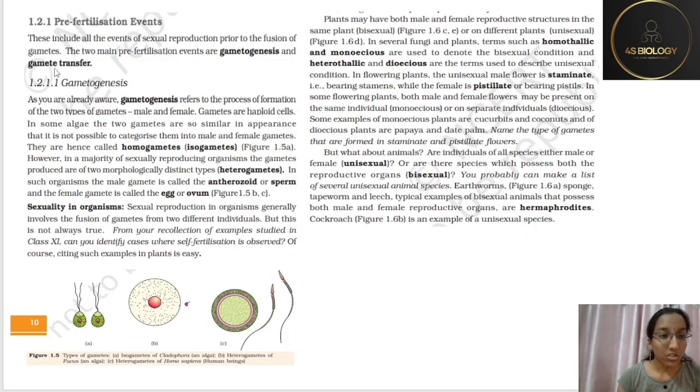Next, first we'll move on to pre-fertilization events.